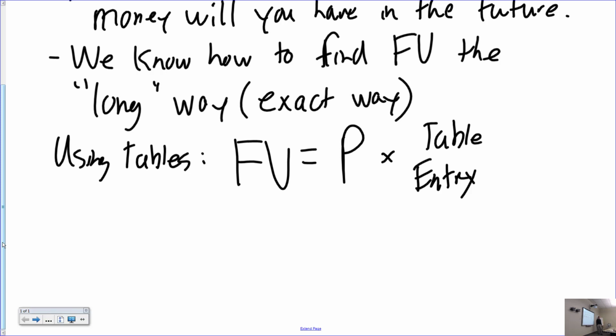All you have to do is multiply one number. The key is making sure that you find the correct entry in the table to use. Okay, that's the only tricky part about this particular portion of it now, is figuring out how to find the right number out of all of these numbers in our tables. Okay?